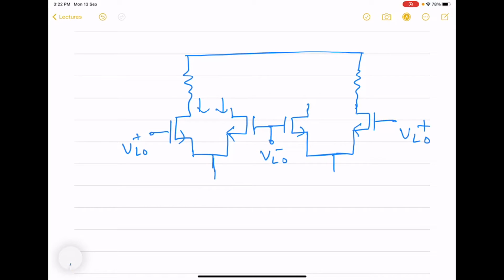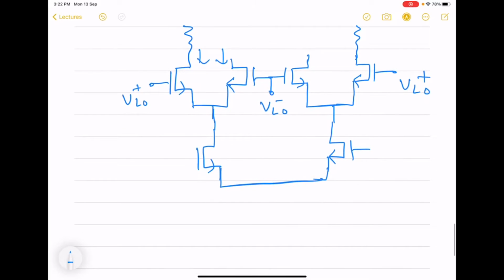So what we are going to do is we are going to create another pair of differential MOS like this, where now these currents, they are going to act as ISS for the above pairs, and these will be driven by RF voltage.